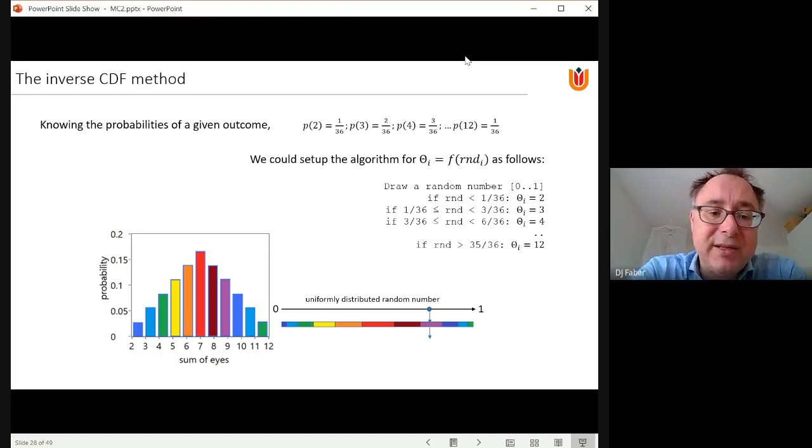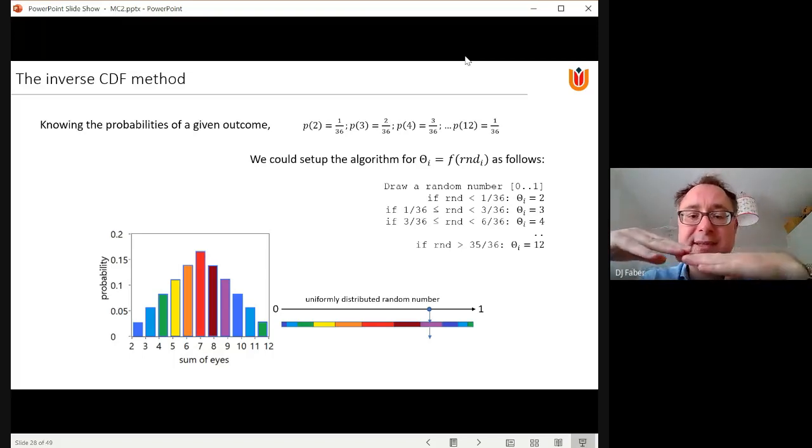We could draw a random number between 0 and 1. If that random number would fall between 0 and 1 over 36, we would assign a sum of i's theta is 2. If it would fall between 1 over 36 and 3 over 36, so that is a total interval of 2 over 36, we would assign it a number 3.